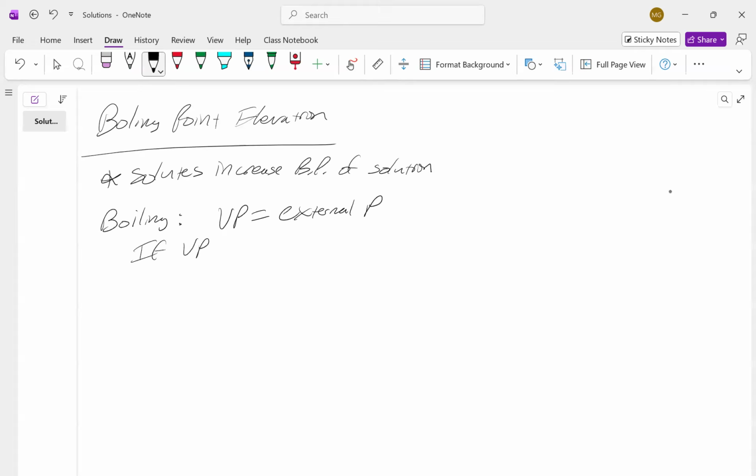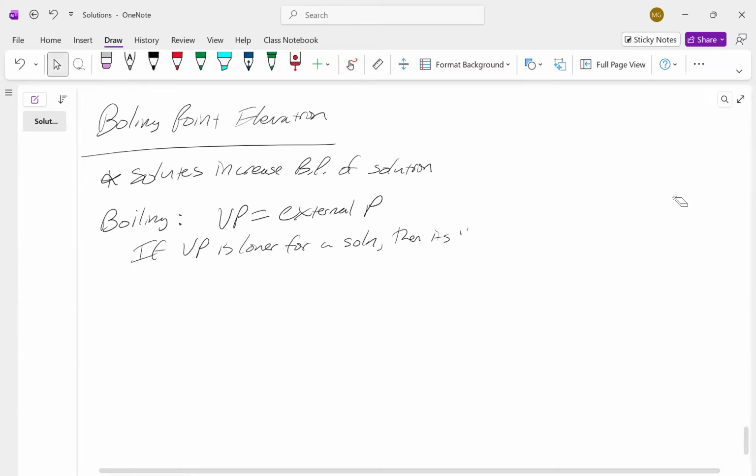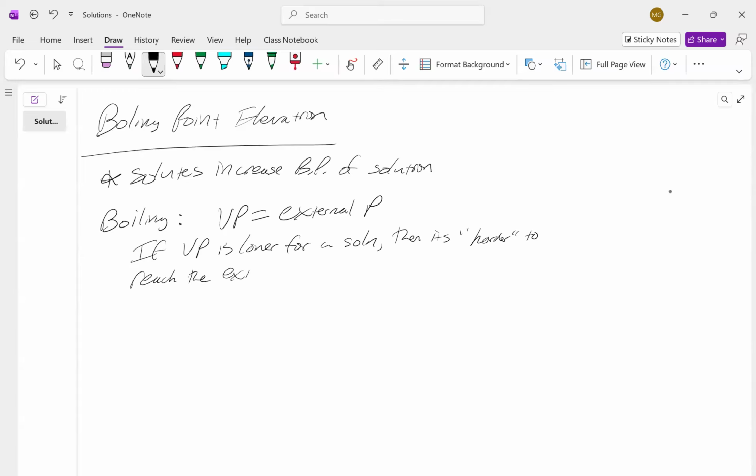So if the vapor pressure is lower for a solution, then it's harder to reach the external pressure.